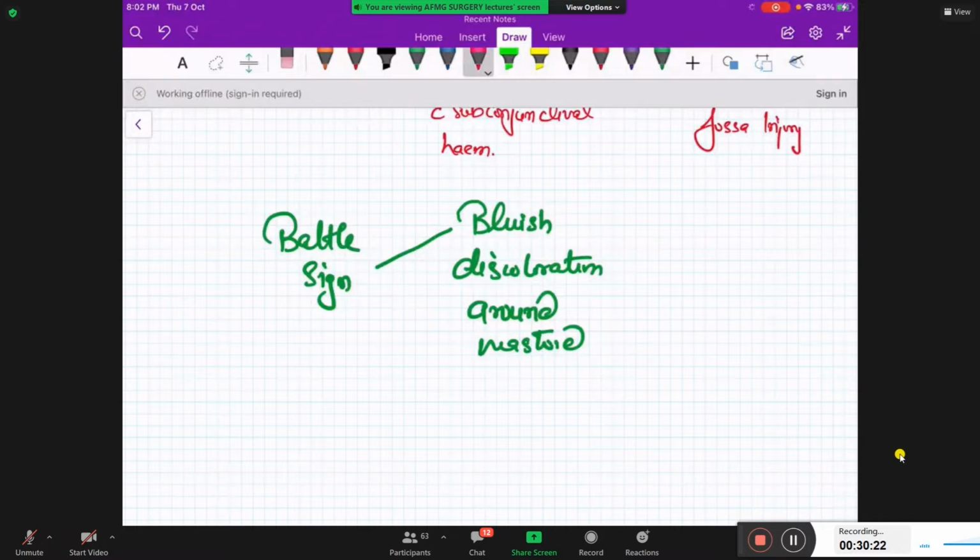It can also be associated with hemotympanum or CSF otorrhea or rhinorrhea.